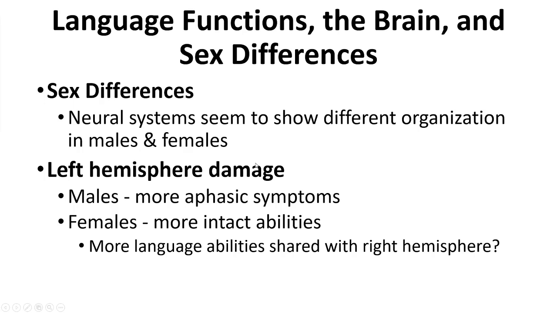All right, and I also promised a brief discussion of sex differences while we're talking about the parts of the brain that are involved in perceiving and producing speech. And as you might expect, because I bothered to mention it, our neural systems seem to show slightly different organization between males and females.